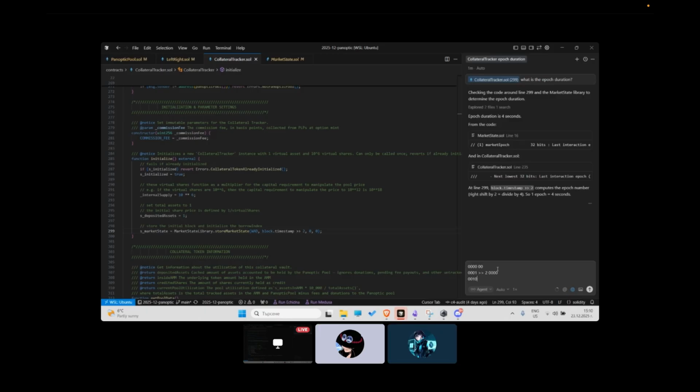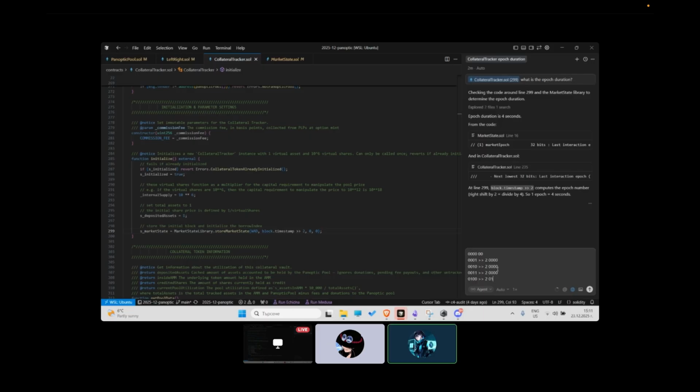You shift right and remove the 10, so it becomes 00. Another second passes, so 0011. You shift right and it's still 00. Another second passes, so it's 0100. You shift right and now the epoch is 01.